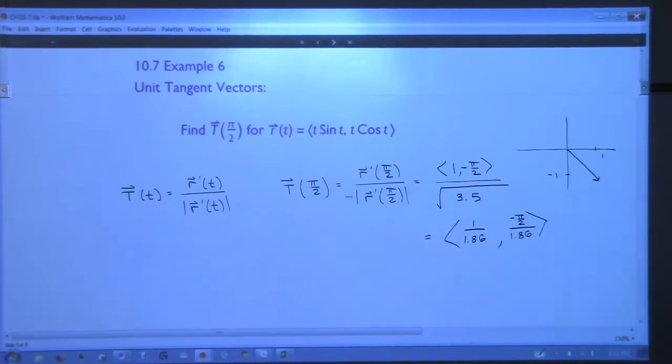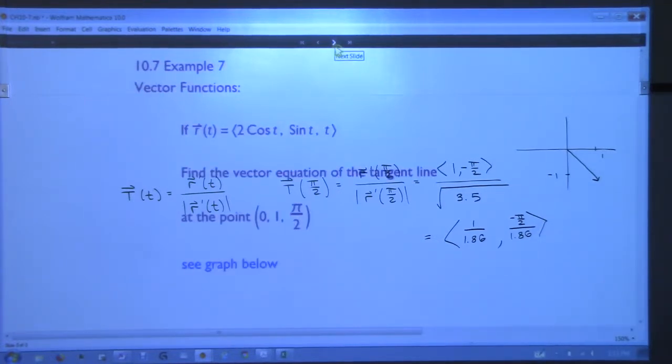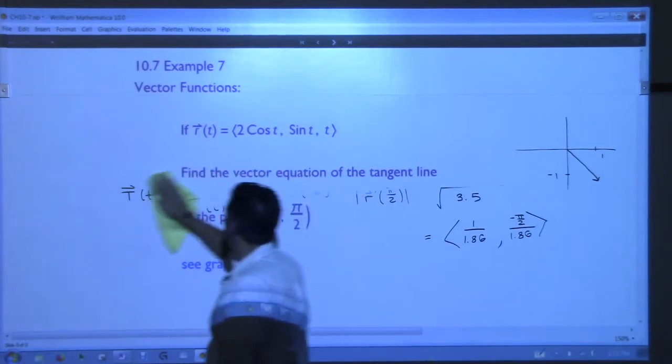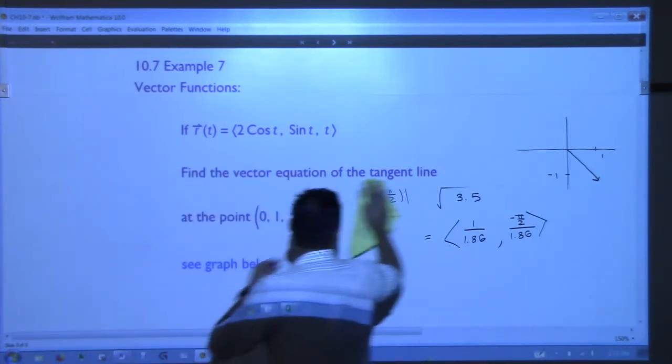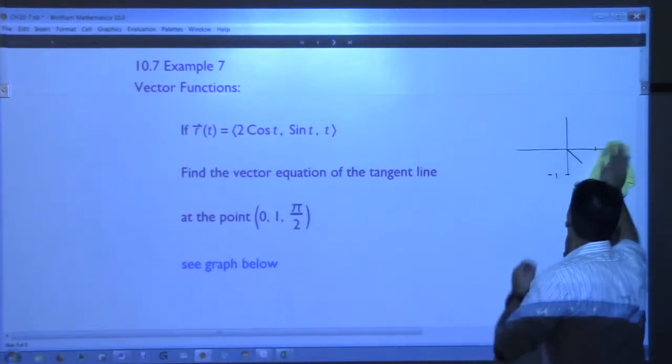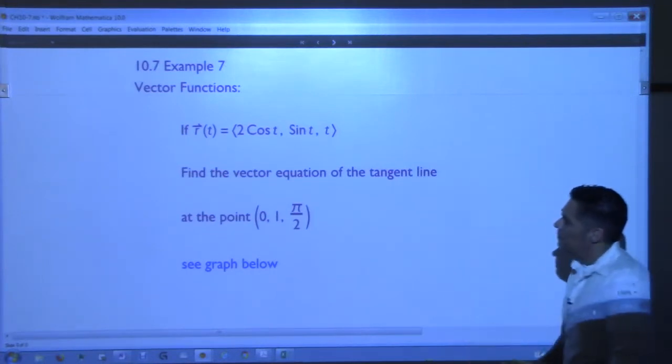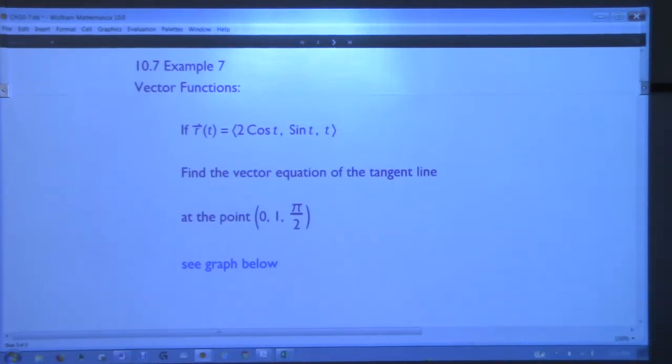All right. What's next? I guess we could go through this. This is a 3-dimensional vector function. But look at what it's asking for.